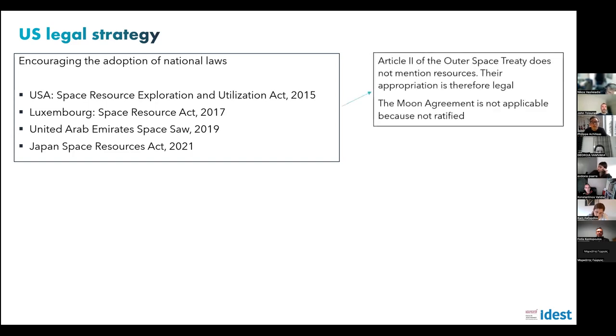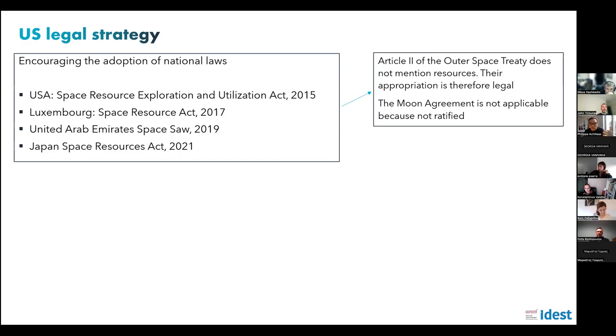What is the legal basis? These states consider that they are in line with the Outer Space Treaty. They expressly recall the Outer Space Treaty, considering that they are not violating Article 2 of the Outer Space Treaty. Why?